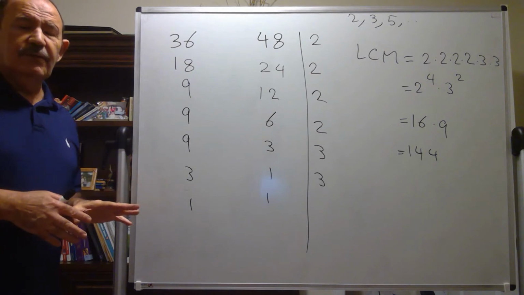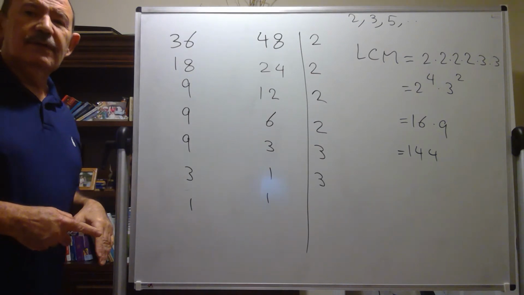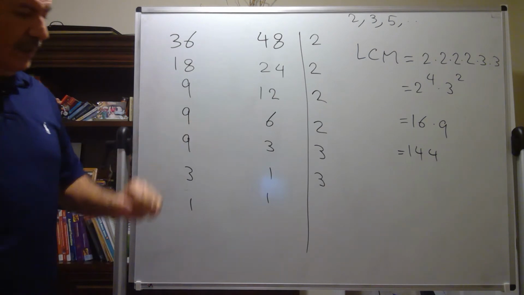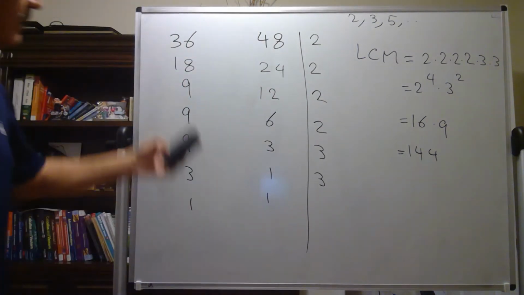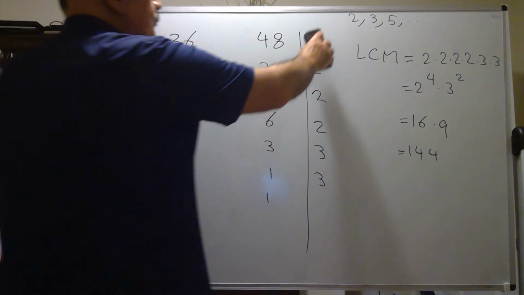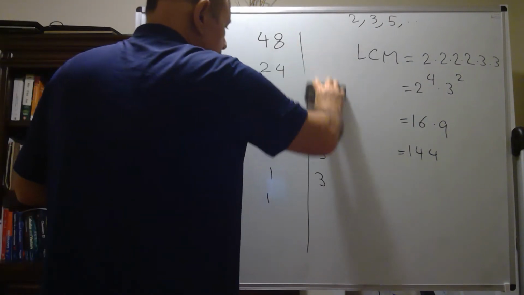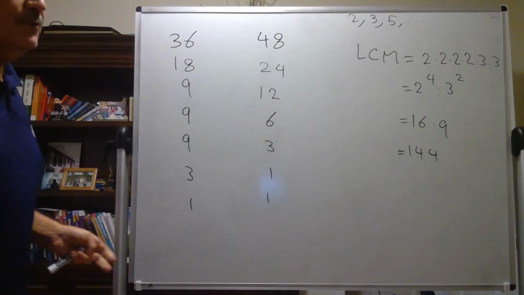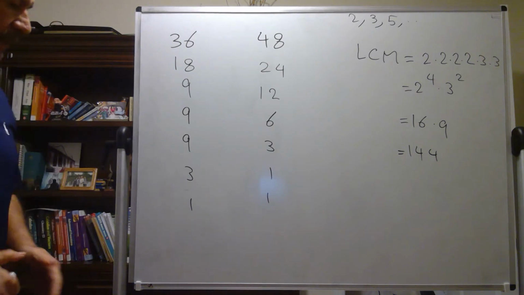You will use the other method for finding the GCF as well. So for finding the LCM using the other method, I'm going to use the same example. Remember, it doesn't matter which method we are using, we should always end up with the same answer.